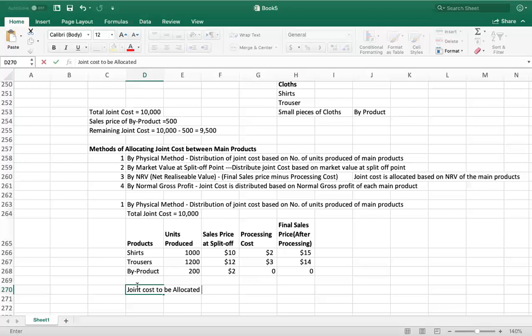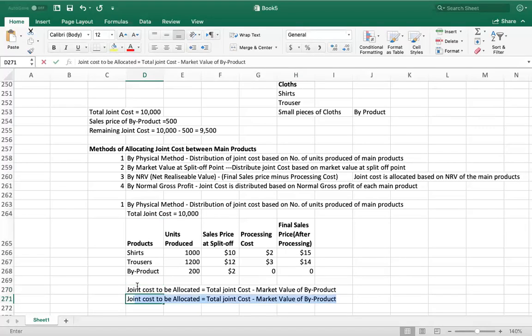That is equal to total joint cost minus market value of byproduct.